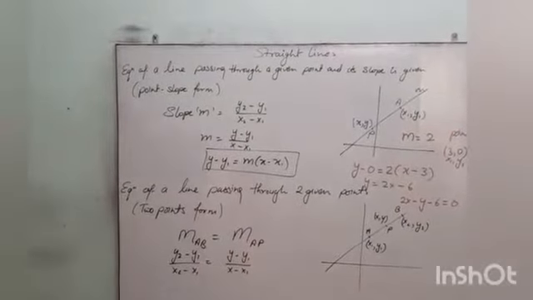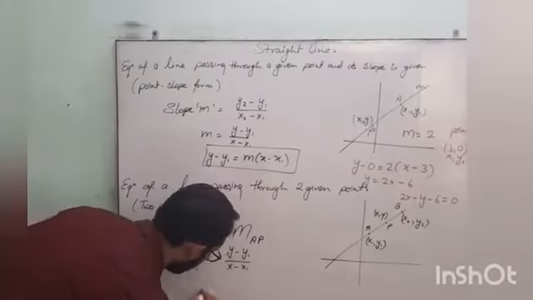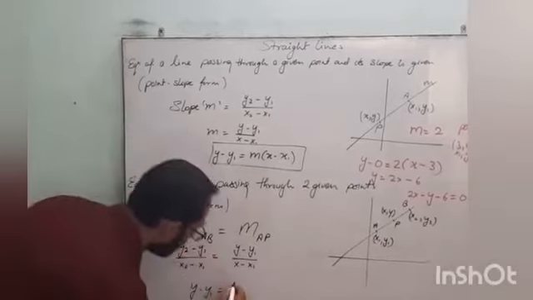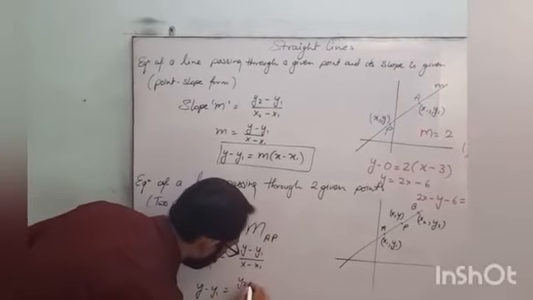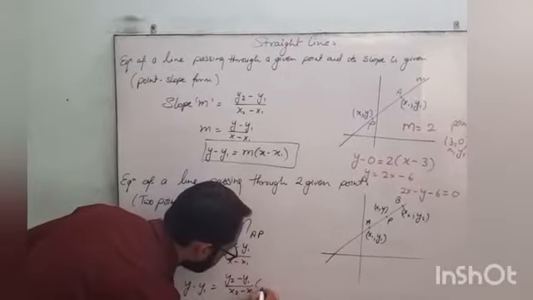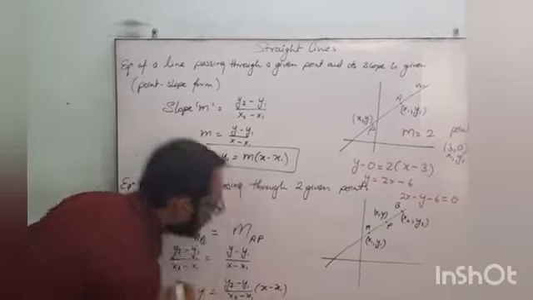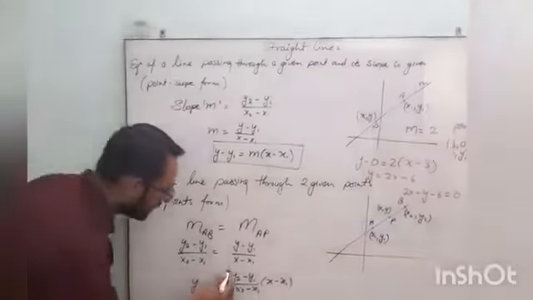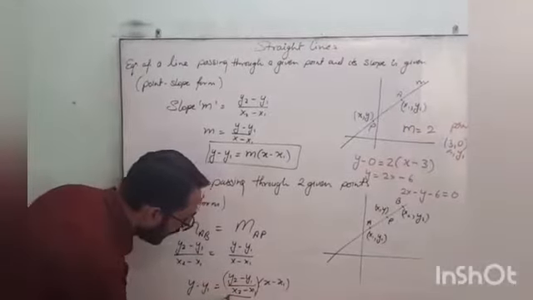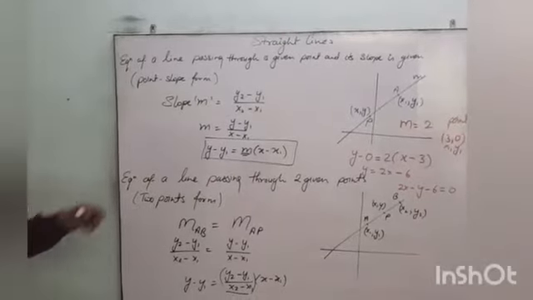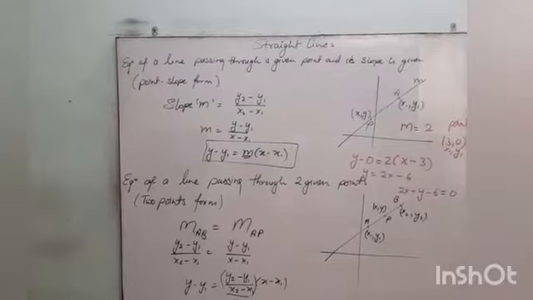With cross multiplication, what will I get? y minus y1 equals, this will go on the other side, y2 minus y1 upon x2 minus x1 times x minus x1. This will be the equation of a line passing through two different points. Try to notice this is m itself, so we are only putting the value of m in the point-slope form equation.